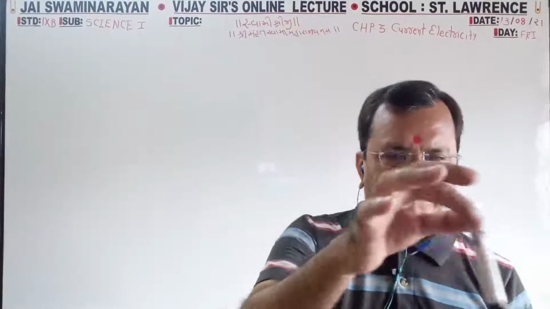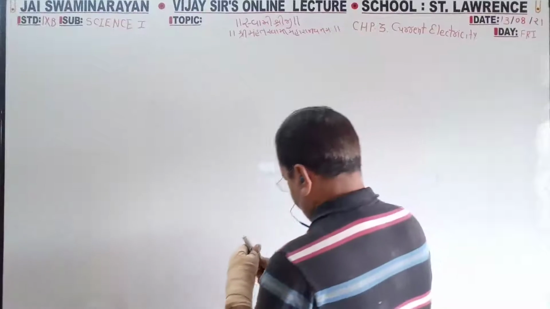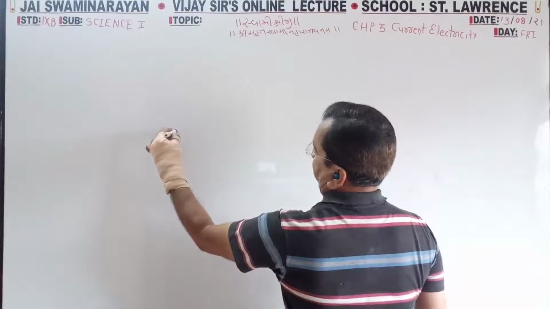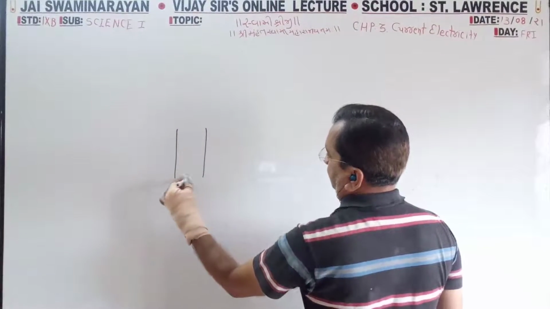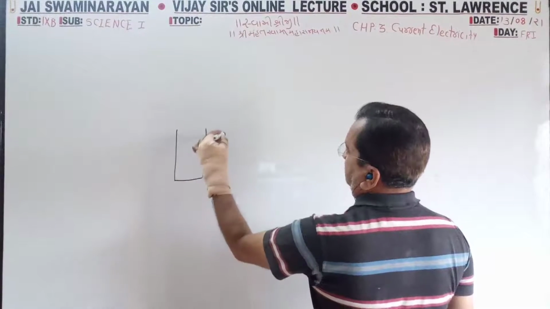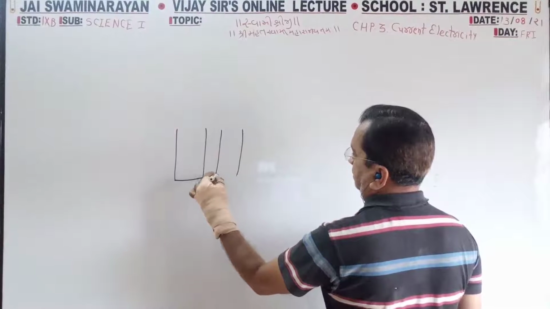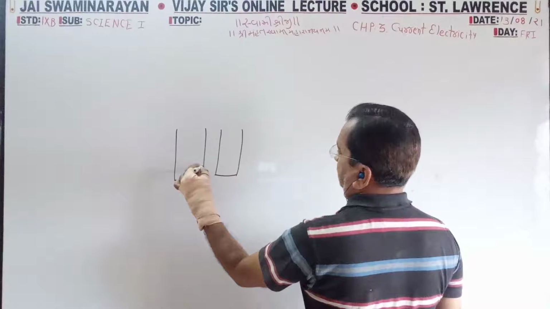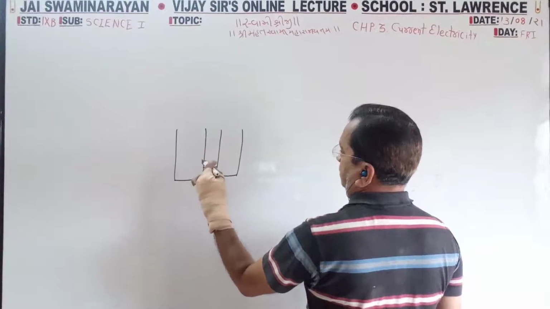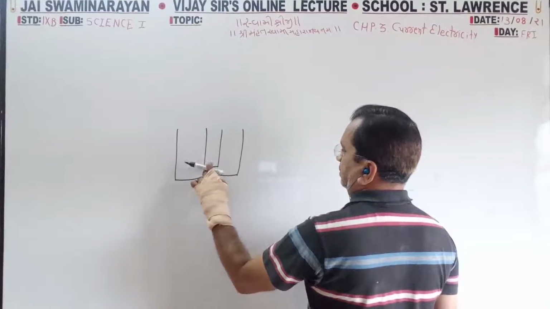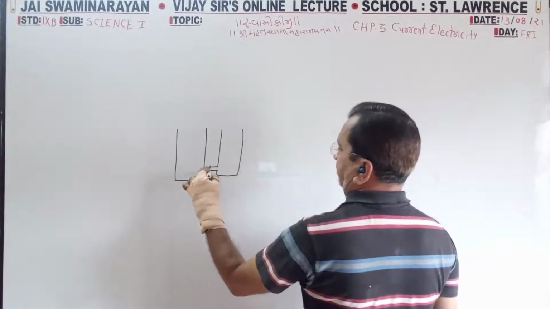One very good example they have given. Two vessels are there, connected with a pipe, and here is the tap.